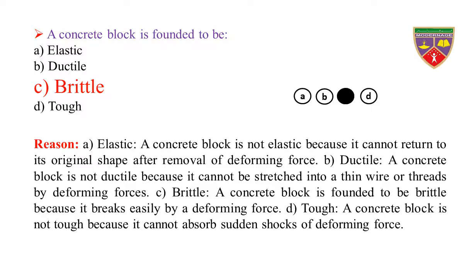A concrete block is found to be brittle because it breaks easily by a deforming force. D, tough. A concrete block is not tough because it cannot absorb sudden shocks of deforming force. Hence, a concrete block is brittle.